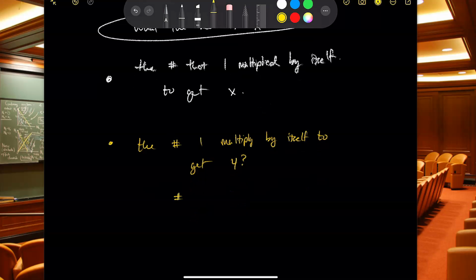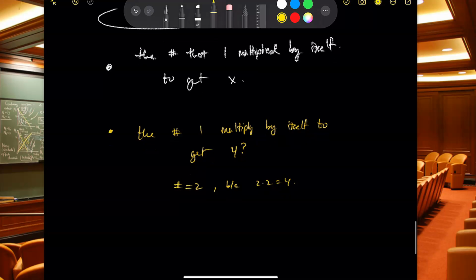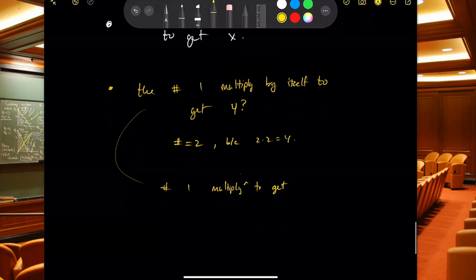Well, that number is 2, because 2 times 2 equals 4. What about the number I multiply by itself to get 25? Well, that number would be 5 because 5 times 5 equals 25.